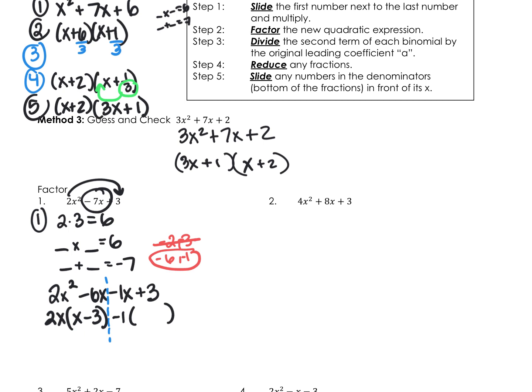So when I pull that out, this will just become x. But what's going to happen to that +3 when I pull out a -1? It's going to become -3 because we're doing 3 divided by -1, which is good. We want that to be -3 because remember, these have to match, right?